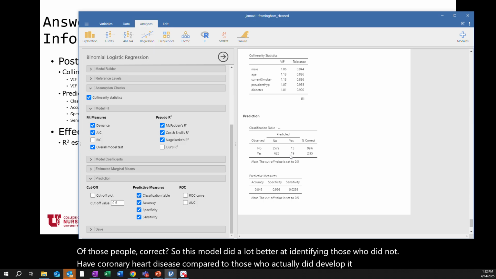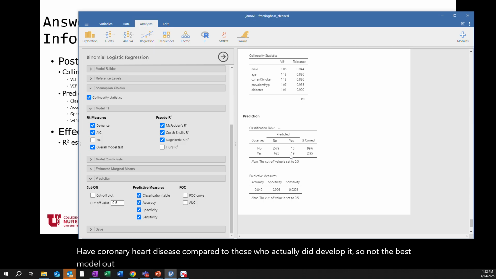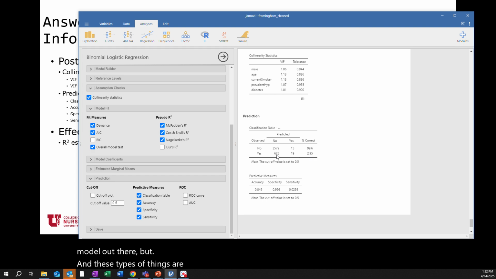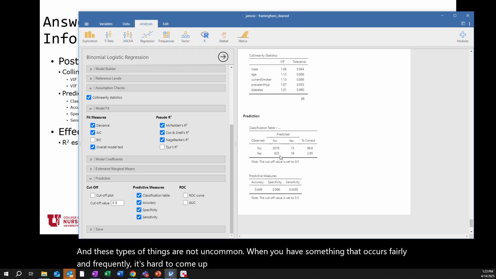So not the best model out there, but these types of things are not uncommon when you have something that occurs fairly infrequently. It's hard to come up with a good model to catch those infrequent events. And overall accuracy is 84.9 or 85%.